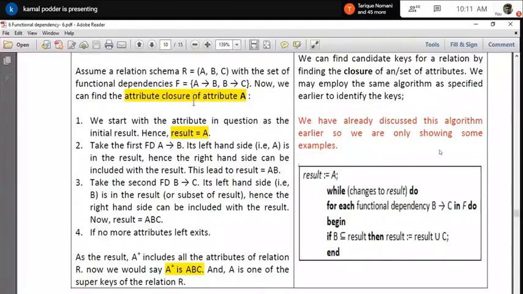First, you check whether the left hand side, that A, belongs to the result or not. If I find that A is in the result set, then you include B also.